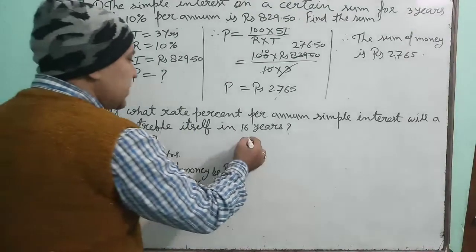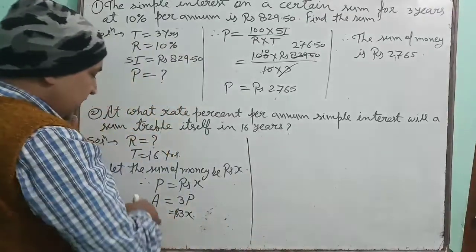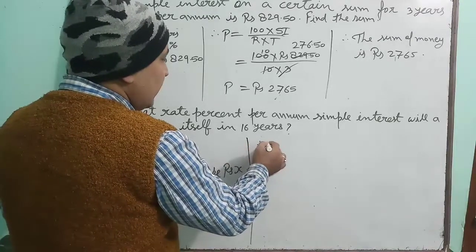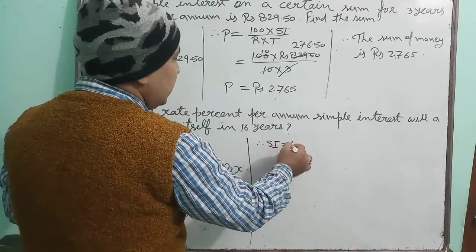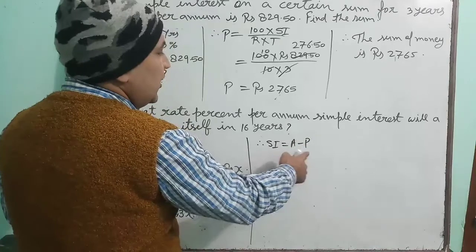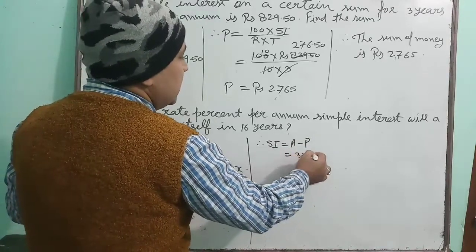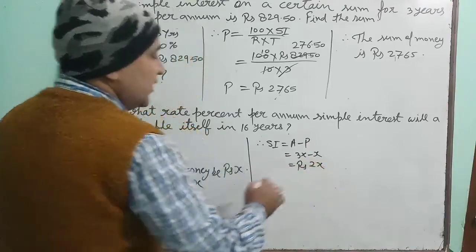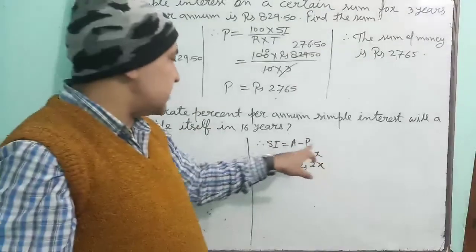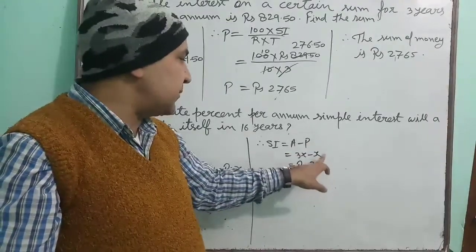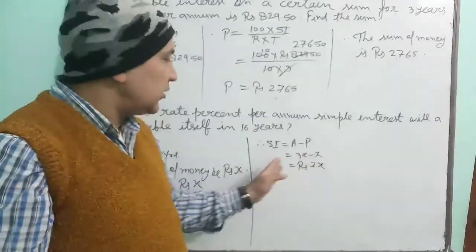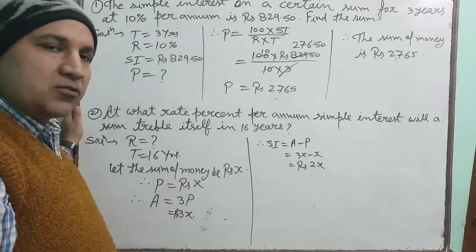Okay, now we can solve the question very easily. Principal and amount both are there, so we can find the simple interest by using the formula amount minus principal. Amount is 3x, principal is x. So 3x minus x is 2x. Now we have got simple interest as 2x rupees.